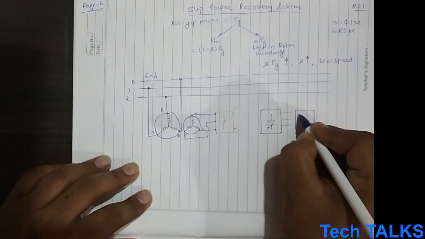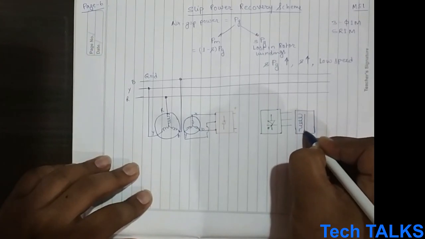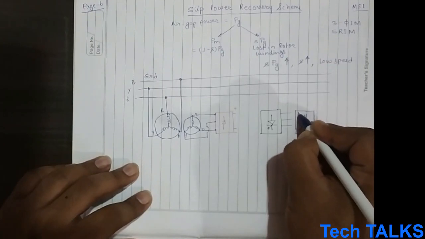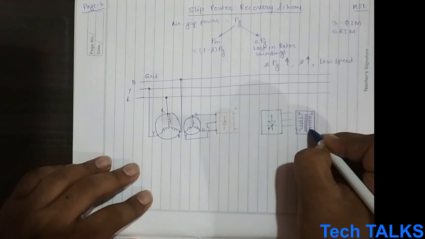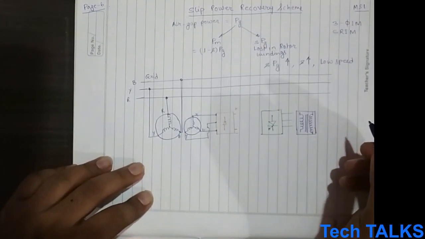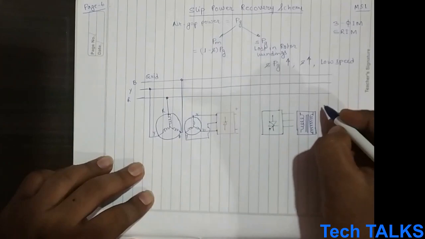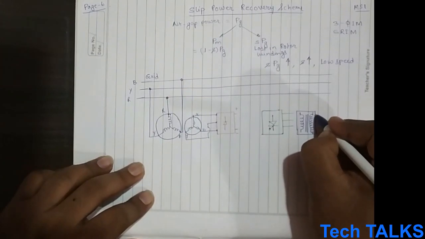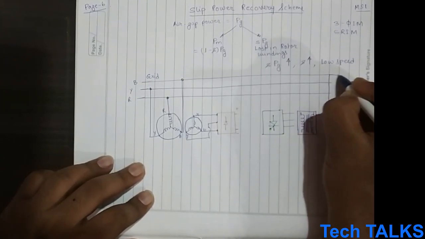So this is the primary winding, or the low voltage side of a transformer, and this is the high voltage side of an iron core transformer. Now this high voltage side of the transformer is again connected to the grid.